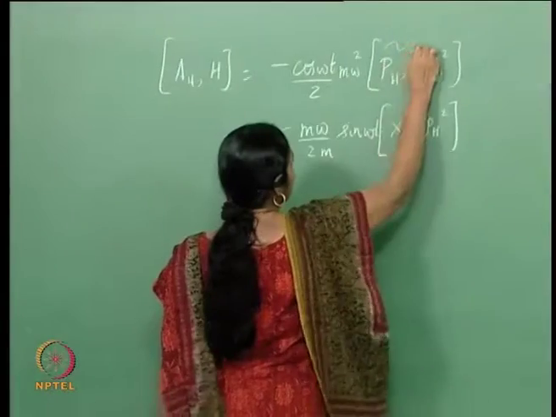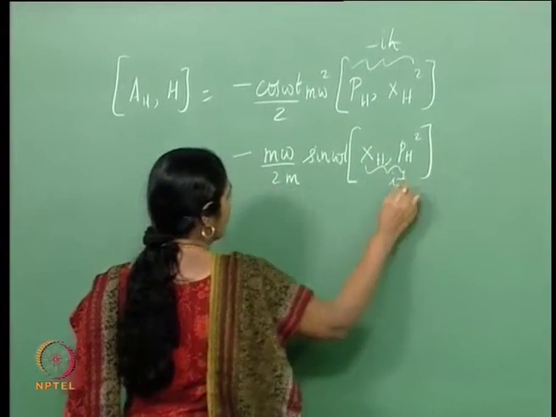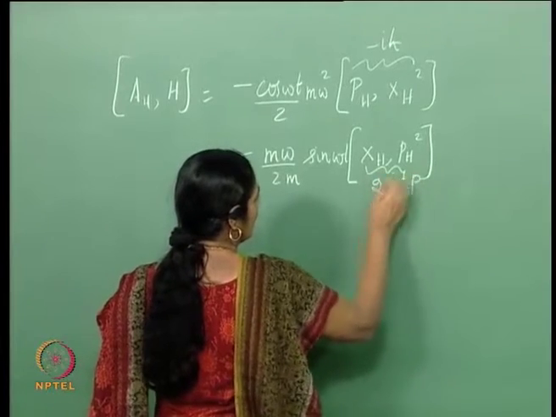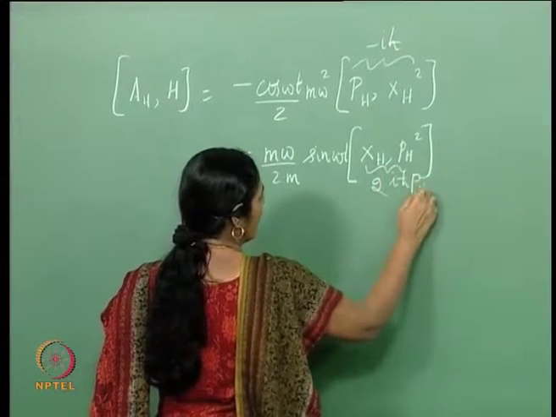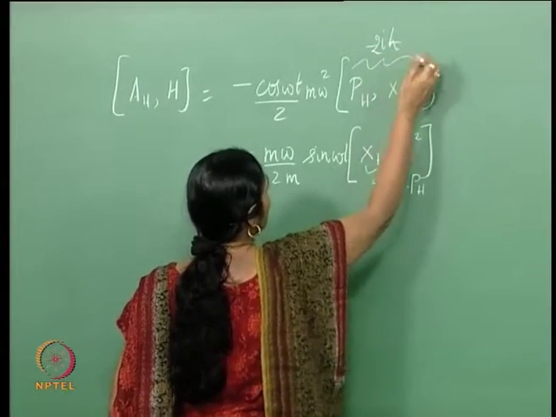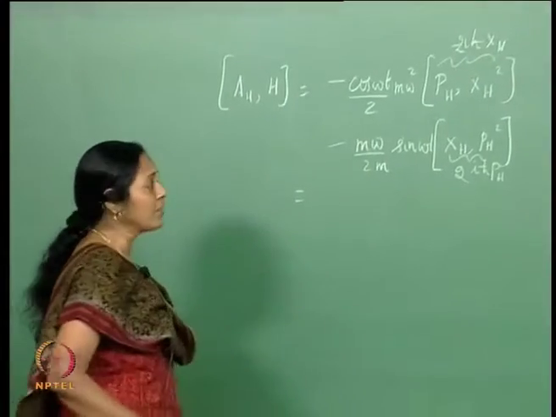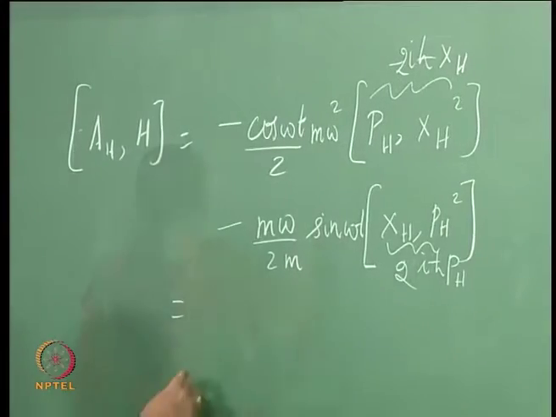But this quantity is minus i h cross and this is plus i h cross. This is plus 2 i h cross PH and that is minus 2 i h cross XH. I have just used the ABC rule for commutators.